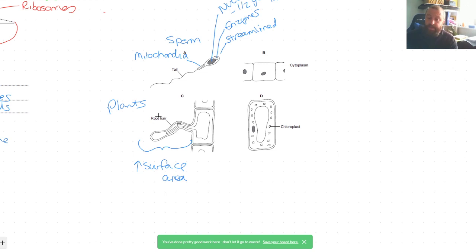Notice, and this is quite important for a root hair cell, there are no chloroplasts. Okay? It doesn't need it. It's underground. And I've seen students write that before, make mistakes.